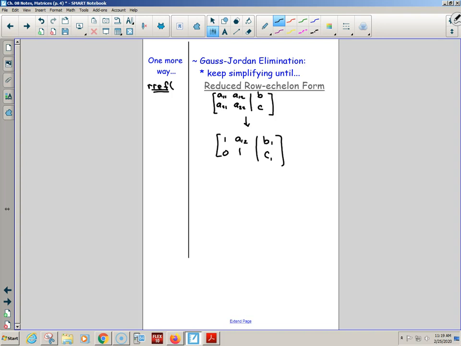But this would be stopping at row echelon form of my matrix A. And if I keep going, however many steps I need to get 1, 1, 0, 0, now I will be at my reduced row echelon form.